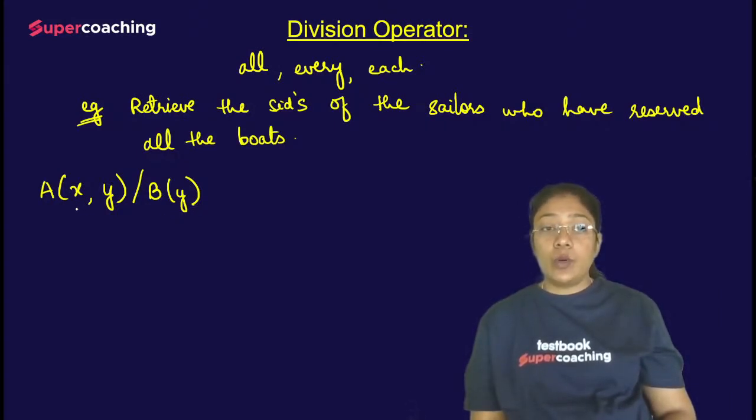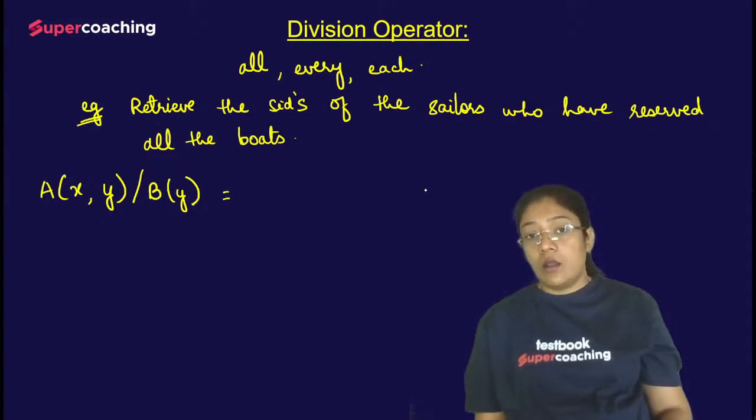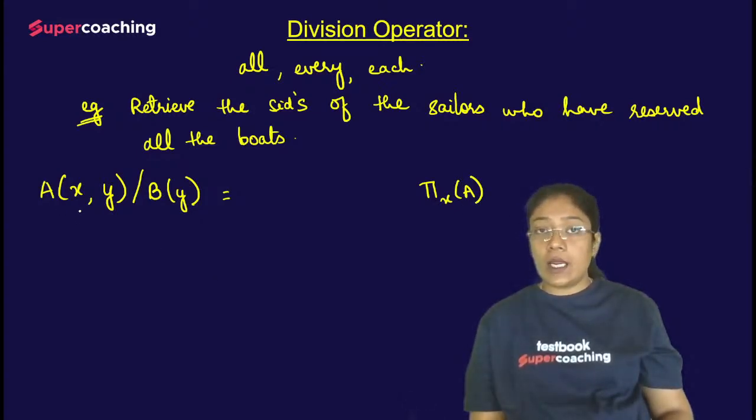First of all, we project X from A and take its cross product with B.